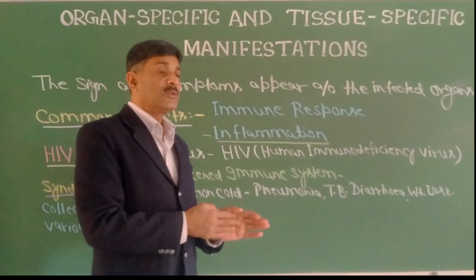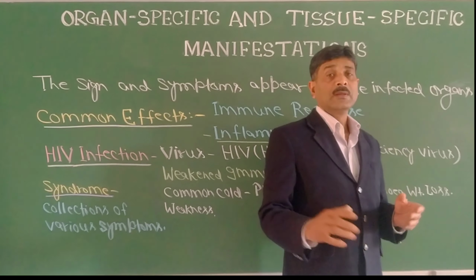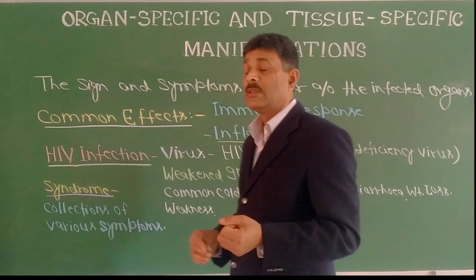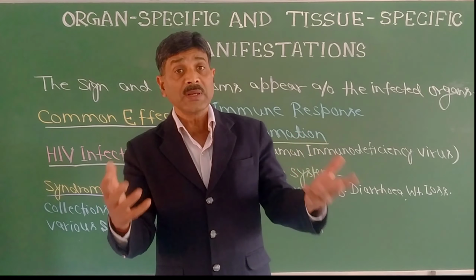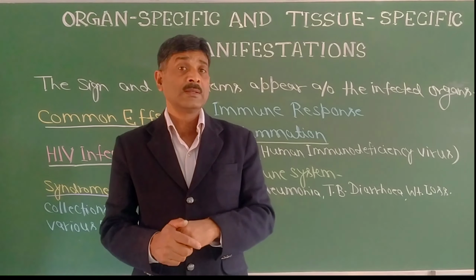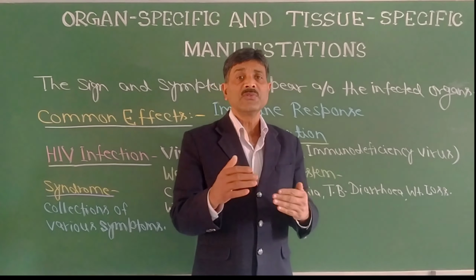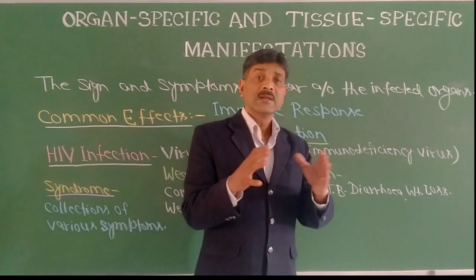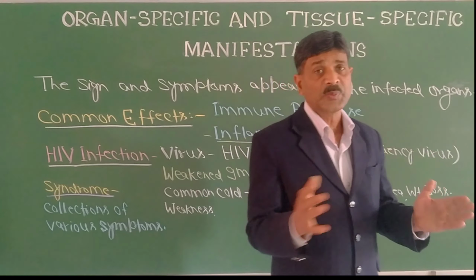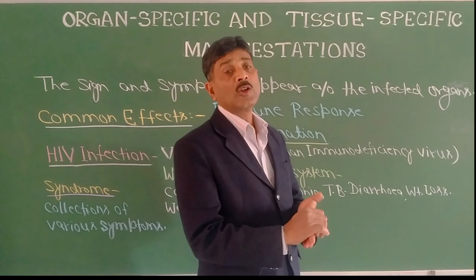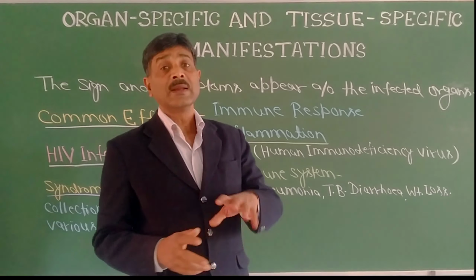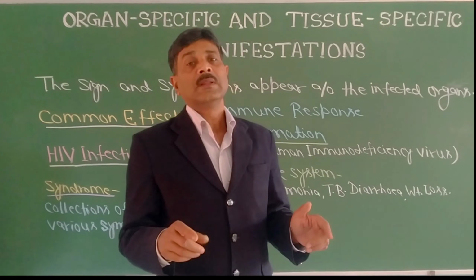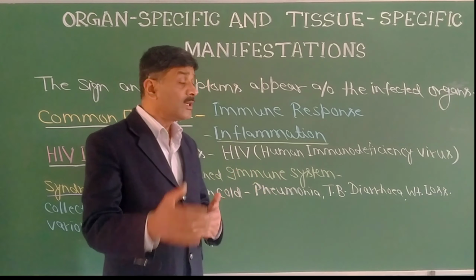The common effect is inflammation. Wherever there is entry of the pathogen, the WBC will aggregate, there will be a collection of WBC. At the site of entry, there will be vasodilation, there will be more blood supply, that means there will be redness, and due to more blood supply, some of the fluid will come out from the blood capillary into the interstitial space, intercellular space, that means there will be swelling, there will be itching, there will be inflammation, and at the same time the body temperature rises, and all these favor the killing and destruction of the pathogen.